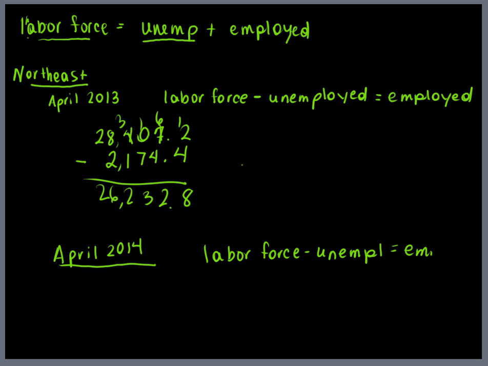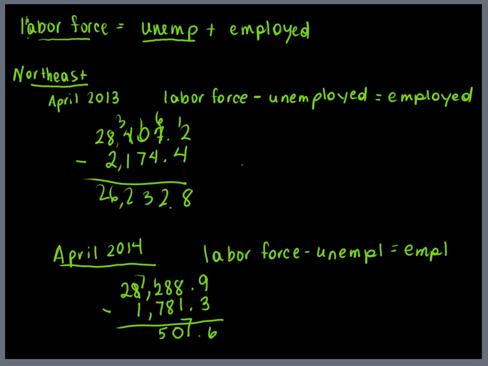Looking at the chart, the labor force is 28,288.9 and the number of unemployed workers is 1,781.3. So that gives 26,507.6 employed workers.